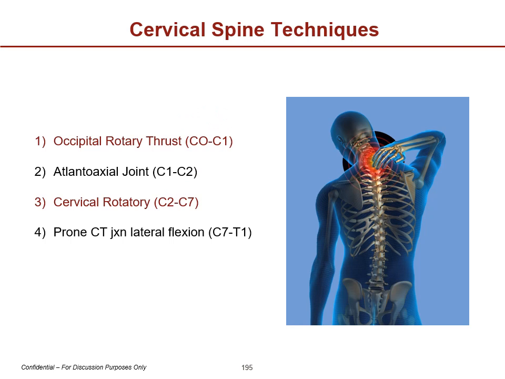Okay, in the last lab section, we had gone through the AA joint as well as the prone CD junction lateral break or lateral flexion technique. In this lab section, we're going to go through the occipital rotary thrust technique for the upper cervical spine as well as the mid and lower cervical spine cervical rotation.